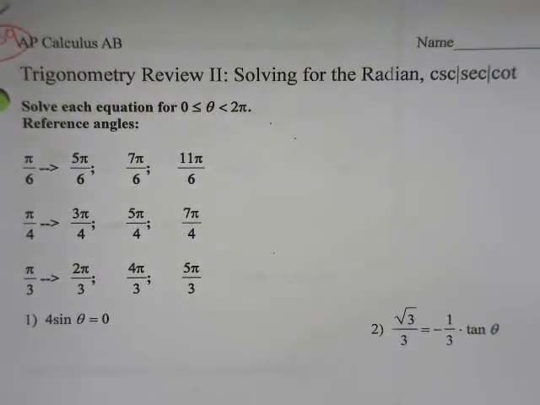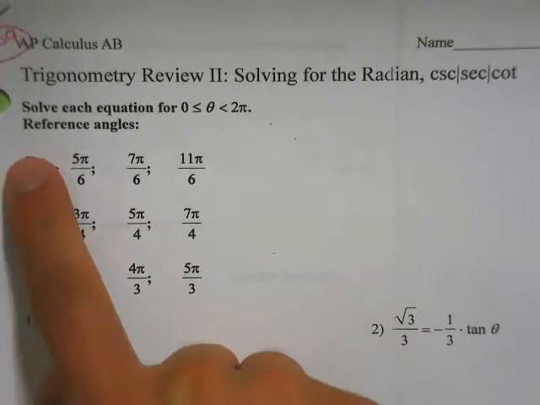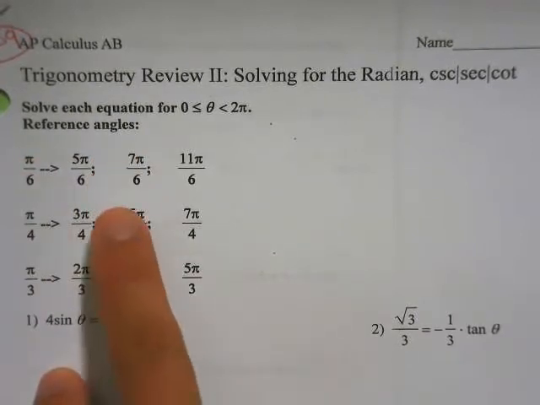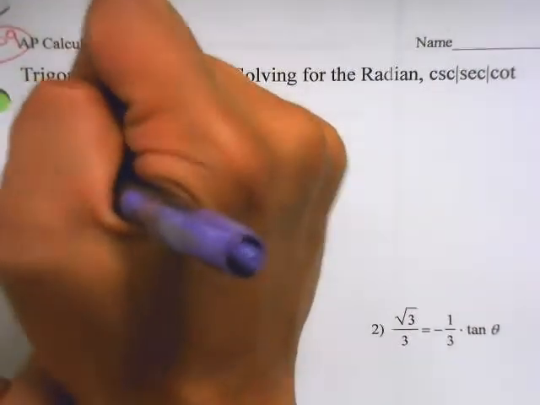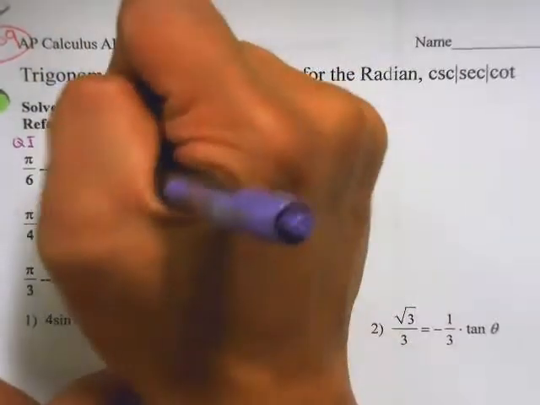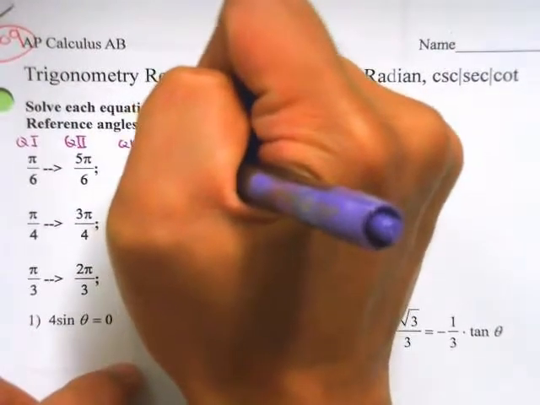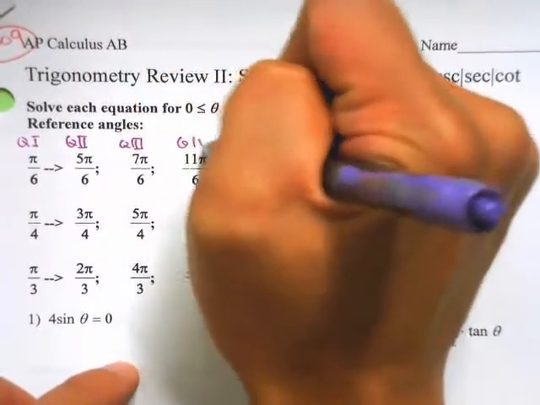Here are our reference angles again, one more time. Reference angles are over here, and then we have these angles in their respective quadrants. So again, this is quadrant 1, quadrant 2, quadrant 3, and then quadrant 4.